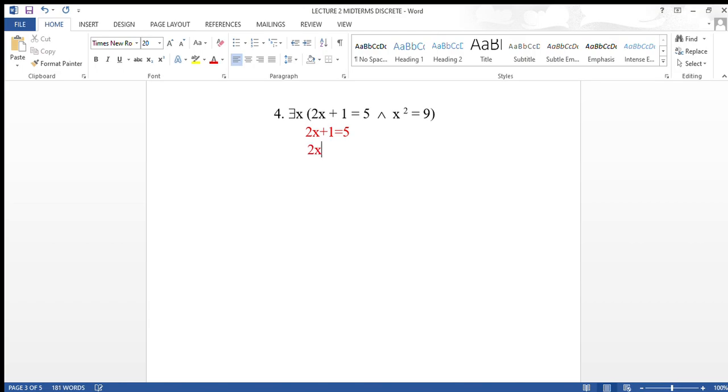This gives us 2x is equal to 4. Therefore, x is equal to 2. On the other hand, for x squared equals 9.